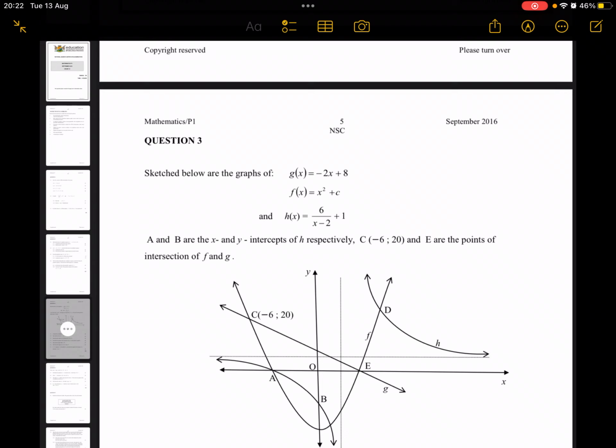First, g of x, which is equal to negative 2x plus 8, and it's a straight line.